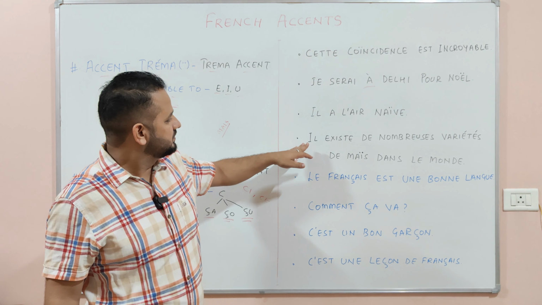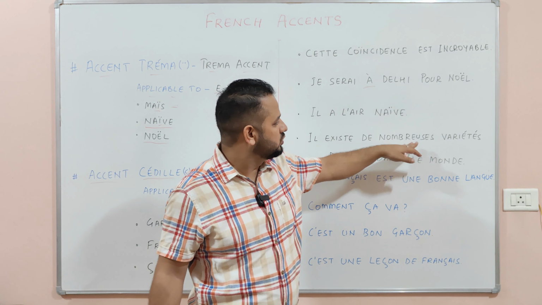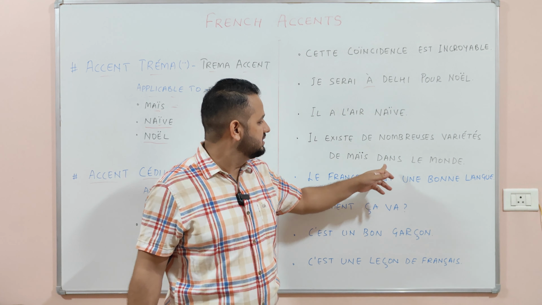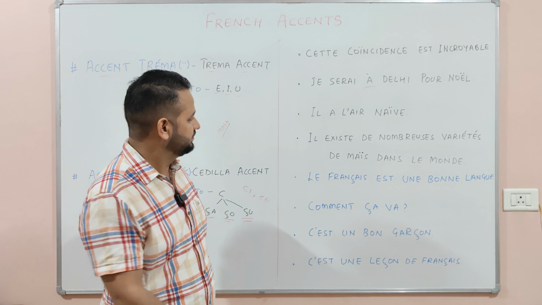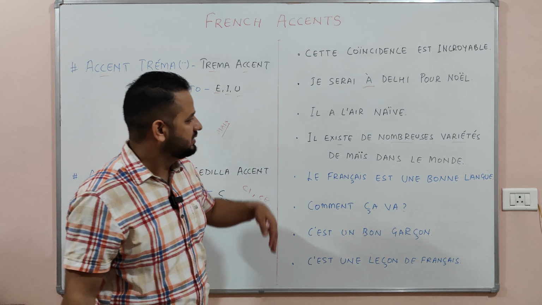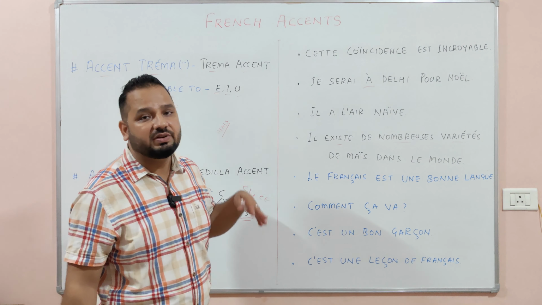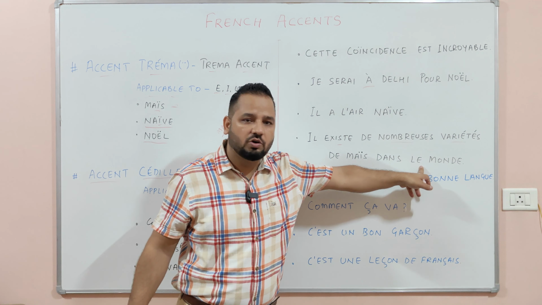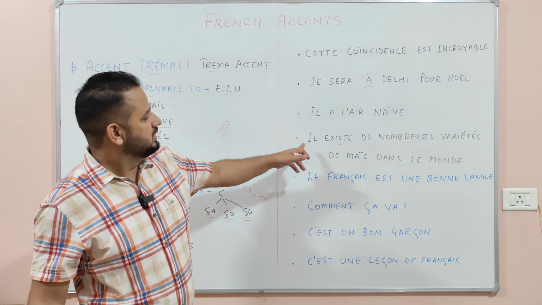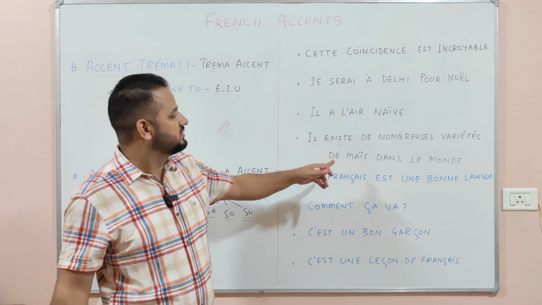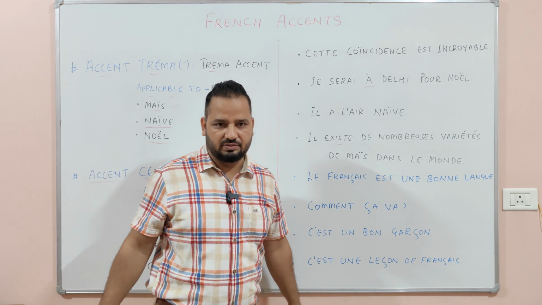Next example. Il existe de nombreuses variétés de maïs dans le monde. Nombreuses, many. Variétés, varieties. Maïs, maize, corn. Monde, in the world. There are many varieties of corn in the world.